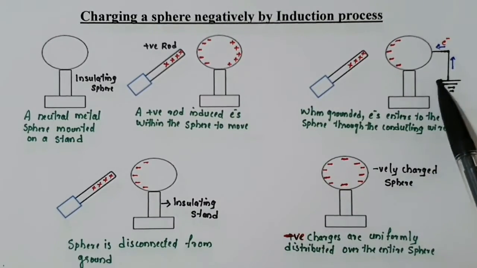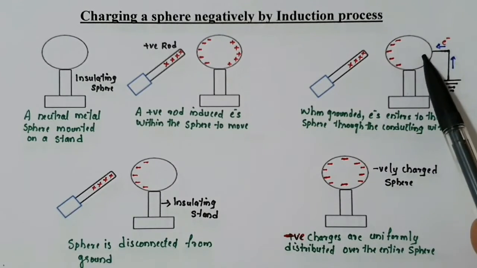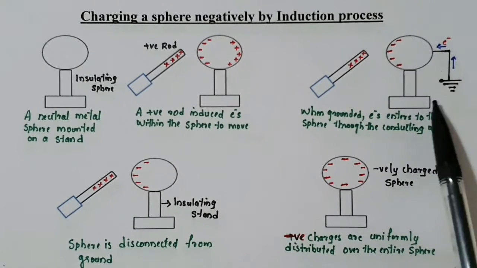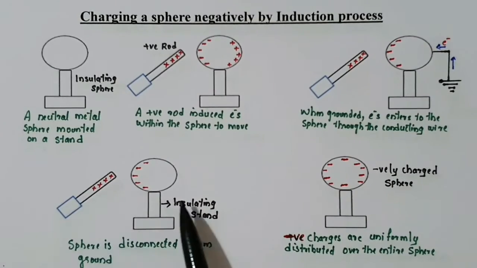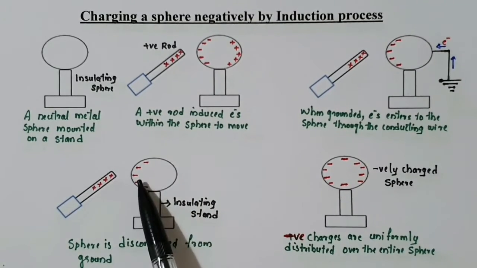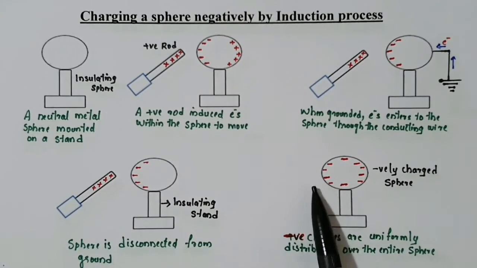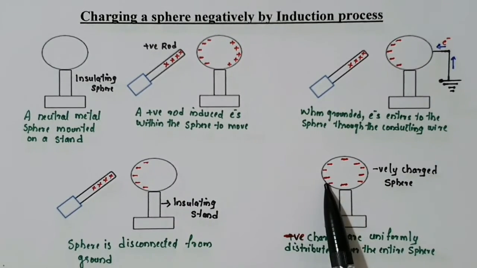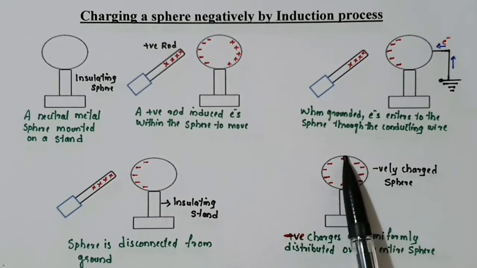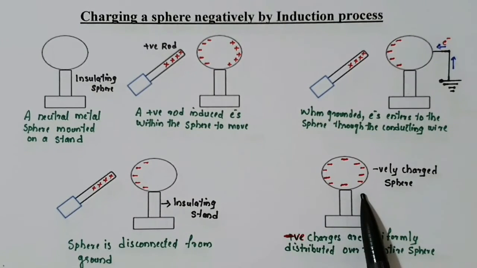Now, when you ground the sphere, electrons enter from the earth to the sphere and neutralize this positive charge. The next step is to remove the grounding, and we can see the negative charges still remain there because they are the bound charges and they are attracted by the positive charges on the rod. When you remove the charged rod, the negative charges distribute uniformly over the entire surface of the sphere.